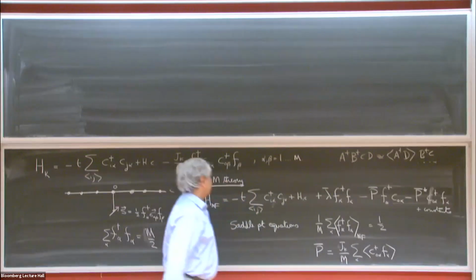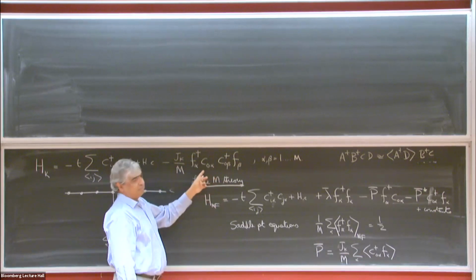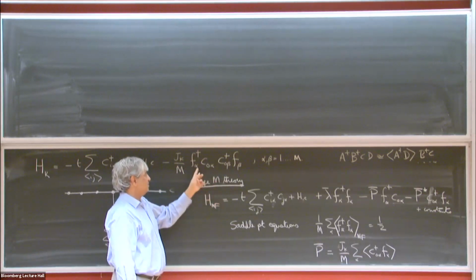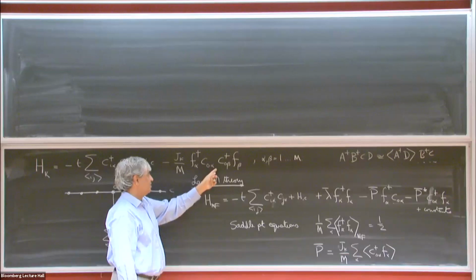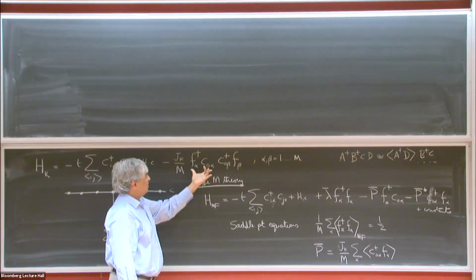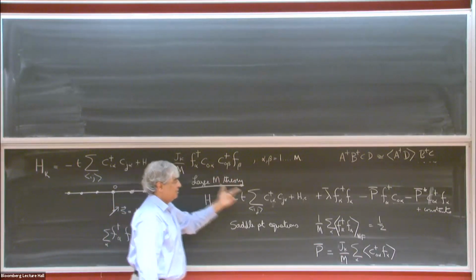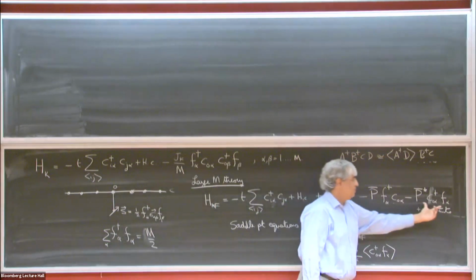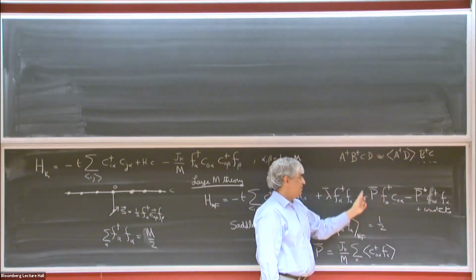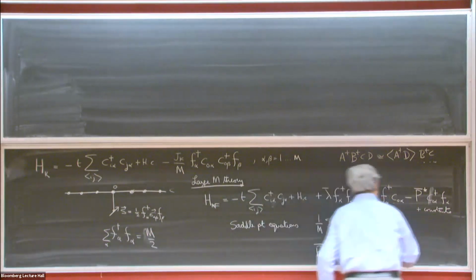So if you just do that here, and in fact only factorize in the F dagger C channel, and that's what the large M limit tells you, since they have a common alpha index, that's the most important channel to factorize in. So you factorize this and you get that, and if you take the expectation value of this you get that, which are these two terms here, and this coefficient p bar has to be determined self-consistently from the mean field Hamiltonian.